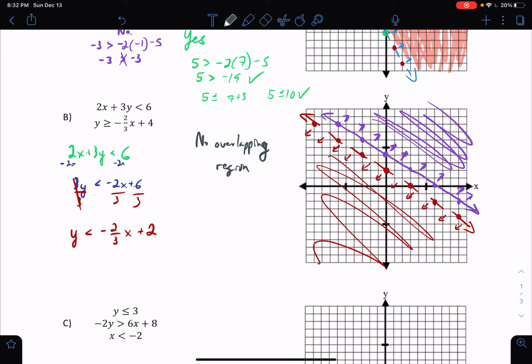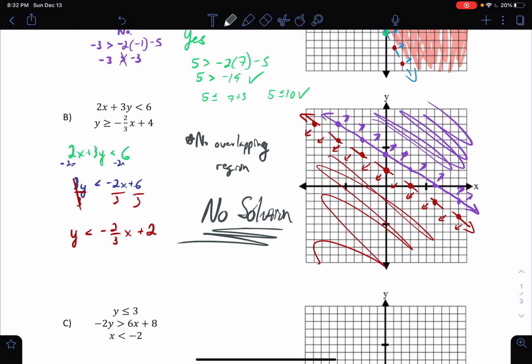So we have two parallel lines here, and their shading regions are going in opposite directions. There's no overlap, so this has no solution. There's no solution to this system because there's no overlapping region between both of those inequalities when I graph them. Okay? That's the main thing to look for.